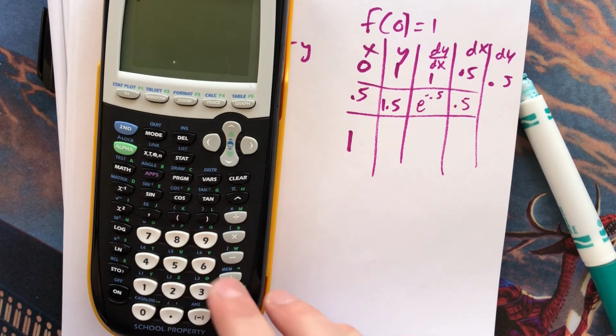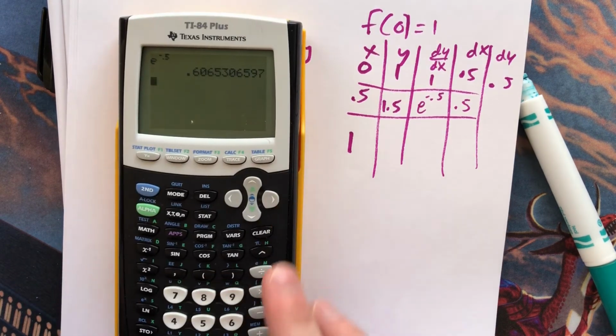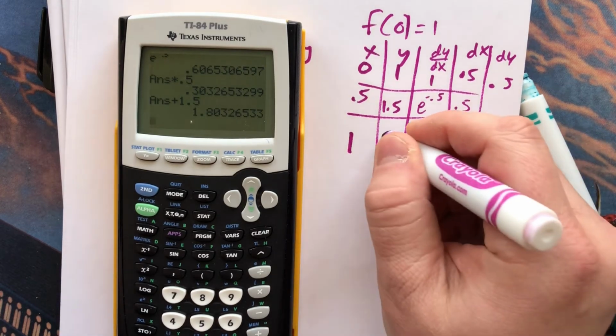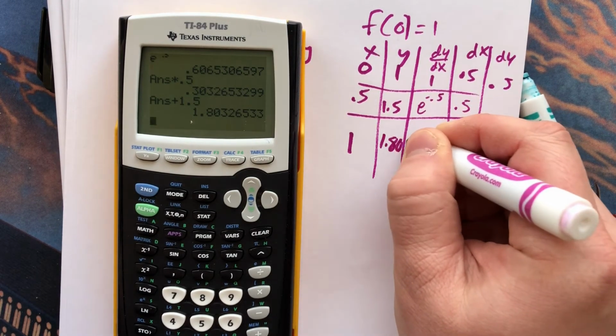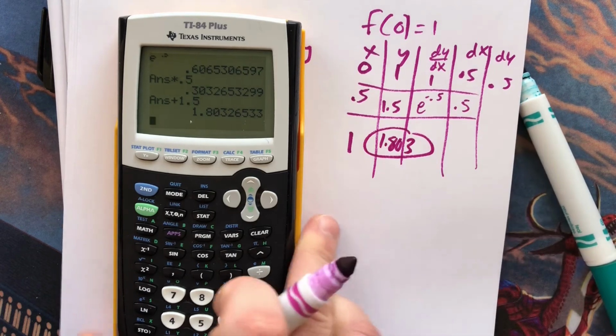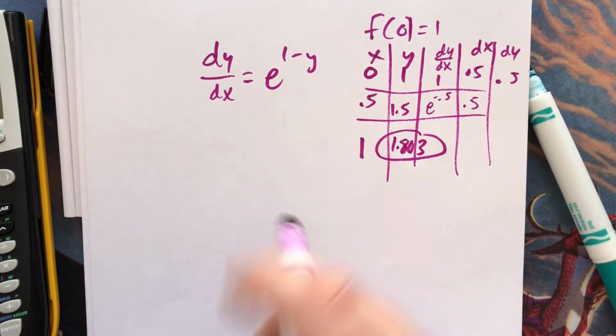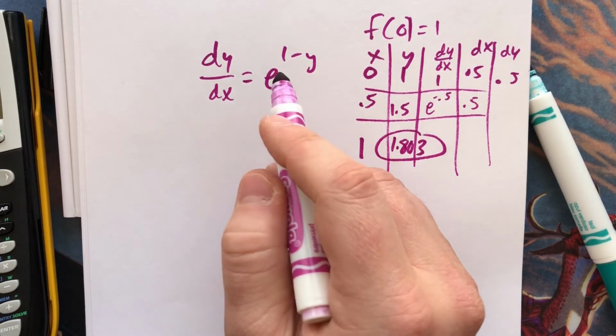So e to the negative 0.5 times 0.5 plus 1.5. So our new value is 1.803. So our approximation is 1.803. Let's calculate the exact one.